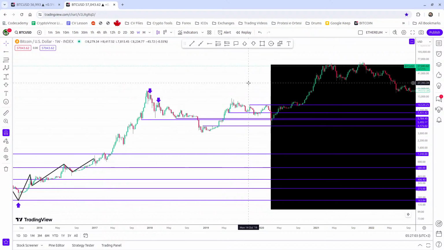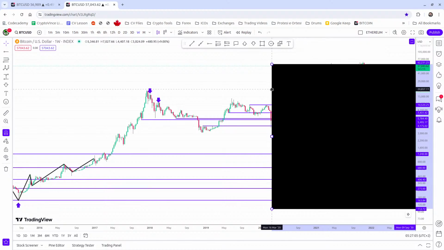Okay, what price does, it goes down. Boom, a massive dump from 10,000 to 3K. You guys remember that pullback. So that's bad. That was bad.